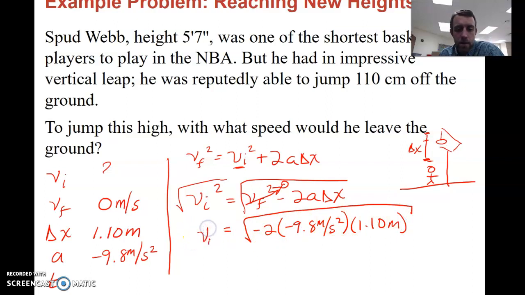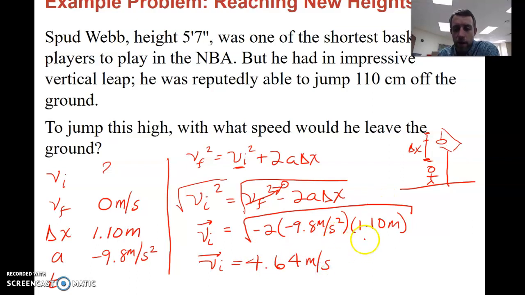And let's see, VI, there we go. And so when you multiply that through and take the square root, you get an initial velocity. And there we go. Initial velocity of 4.64 meters per second.